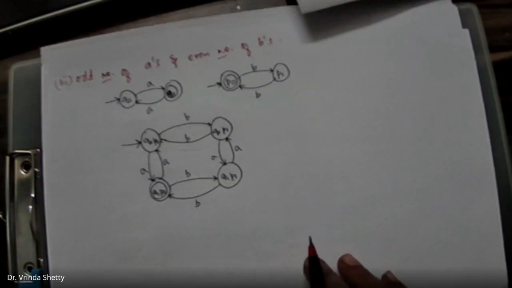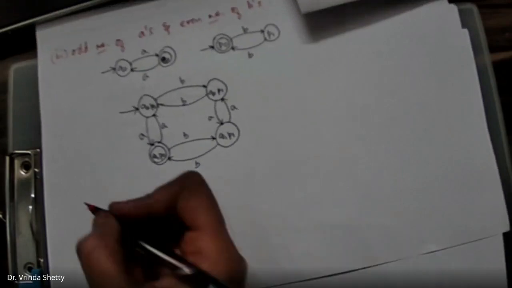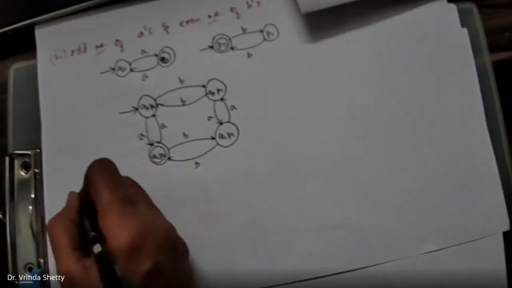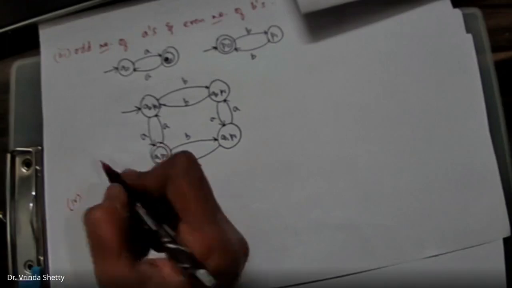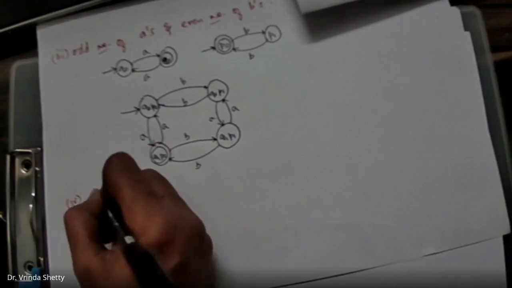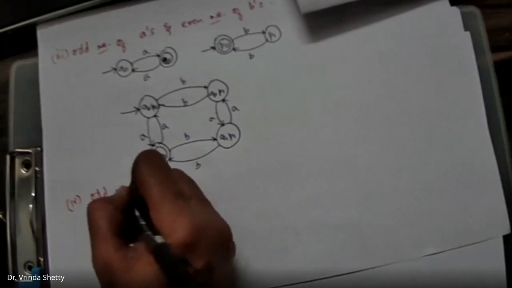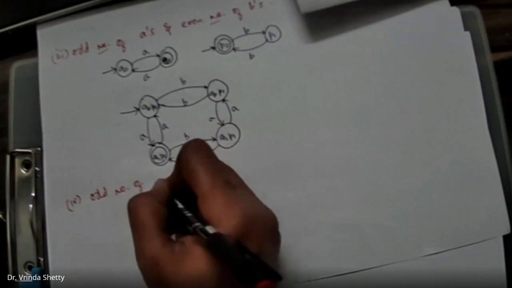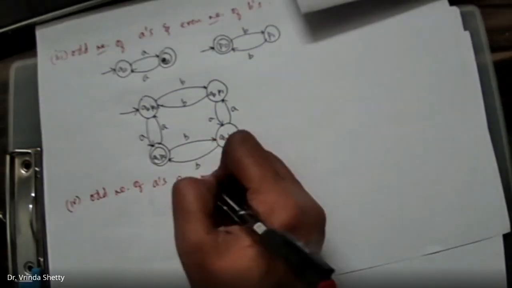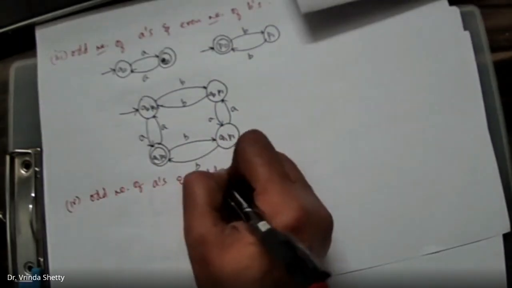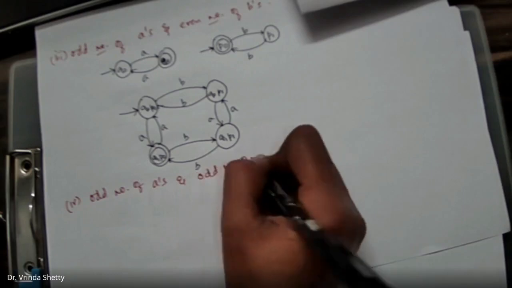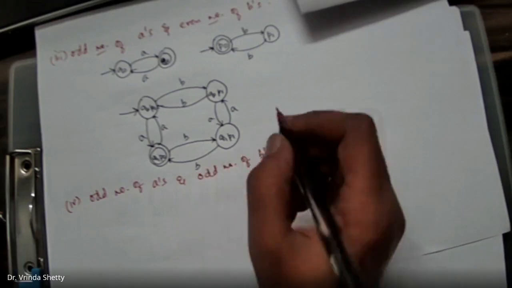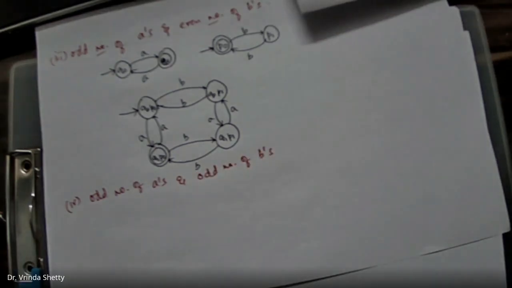The fourth question here is odd number of A's and odd number of B's. I think you got an idea how to construct it.